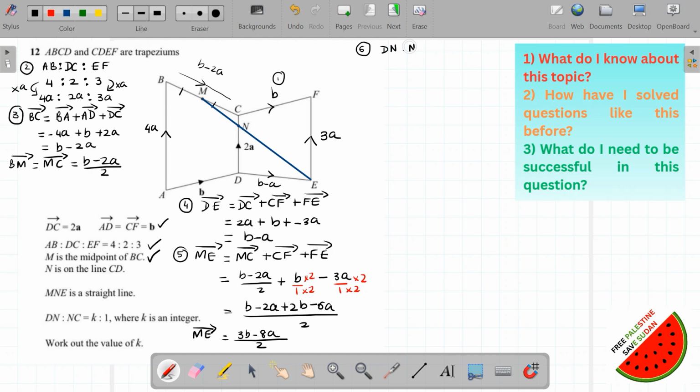...is k to 1. So the total of this would be k plus 1.